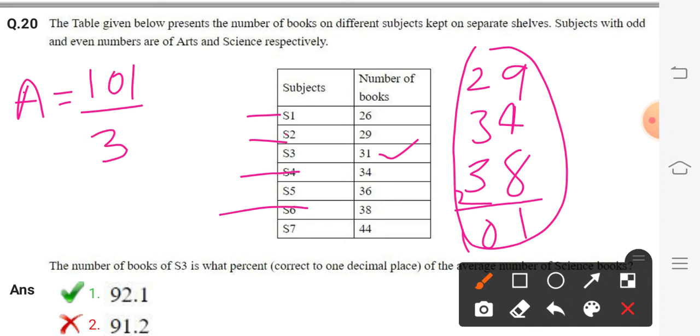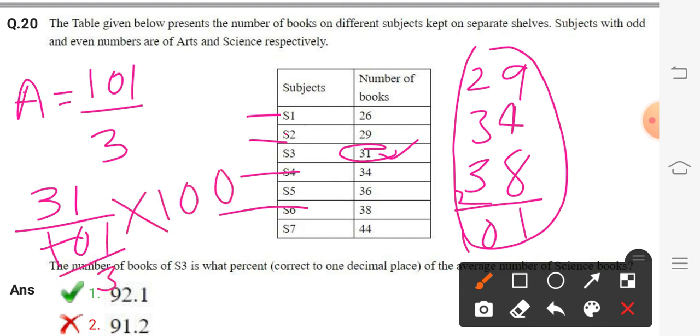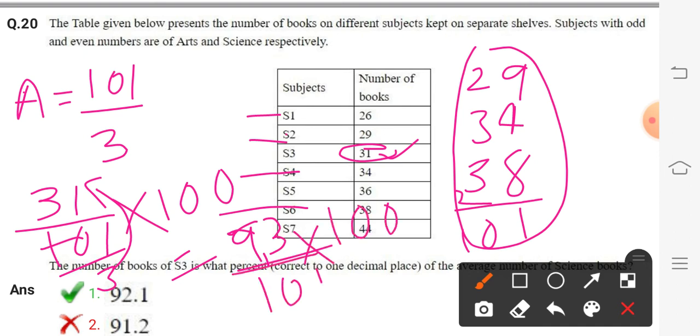And what percent? S3 is what percent? S3 is equal to 31. So 31 divided by 101 by 3, into 100. Here we get 93 into 100 by 101.